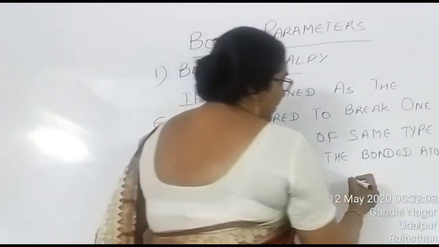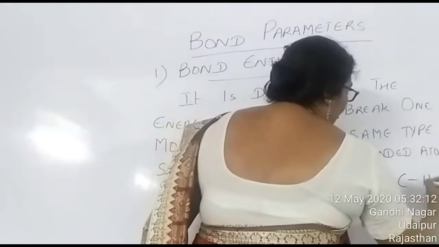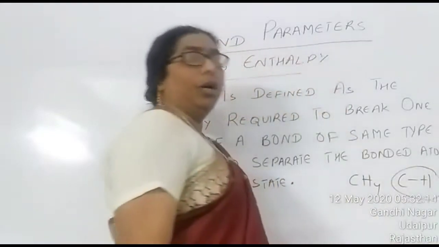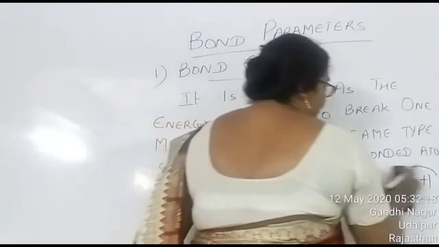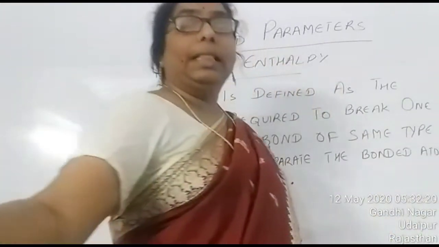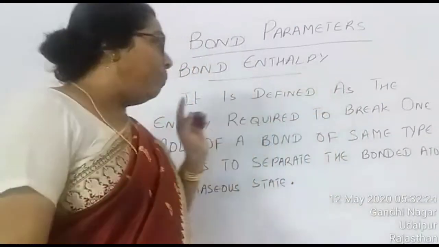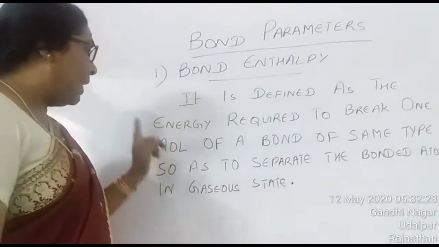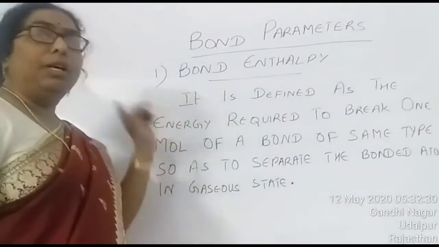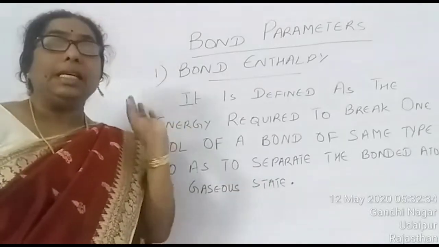Suppose you consider CH4. Whatever be the energy required to break this particular bond, that we just consider as bond enthalpy. Is it clear, children? So bond enthalpy is defined as the energy required to break 1 mole of a bond of the same type so as to separate the bonded atoms in the gaseous state.